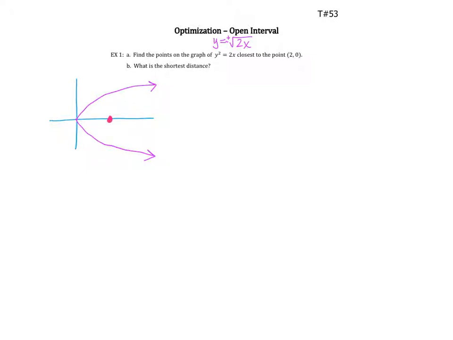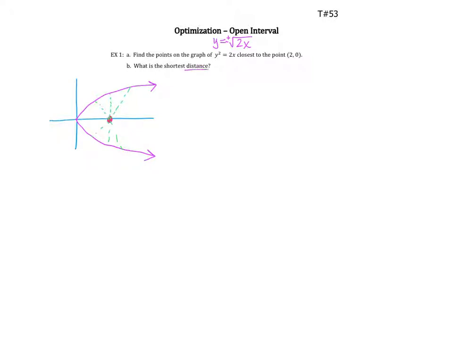So the question is, what point is going to be the closest to that on that curve? And so I'm trying to figure that out. So let's figure out how we are going to go about that.